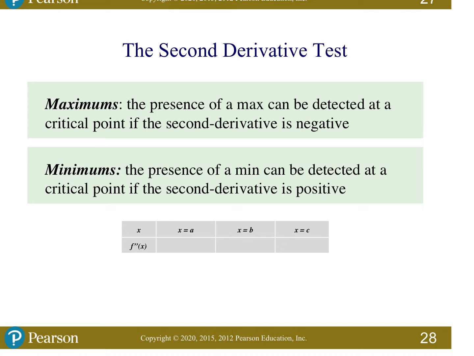Okay, so the next slide, slide 28, has that in formal language. The presence of a maximum can be detected or proven at a critical point. And remember, what does it mean to be a critical point? It means that it came from a horizontal or a vertical tangent if the second derivative is fully negative there. So a max is connected to a second derivative that is negative.